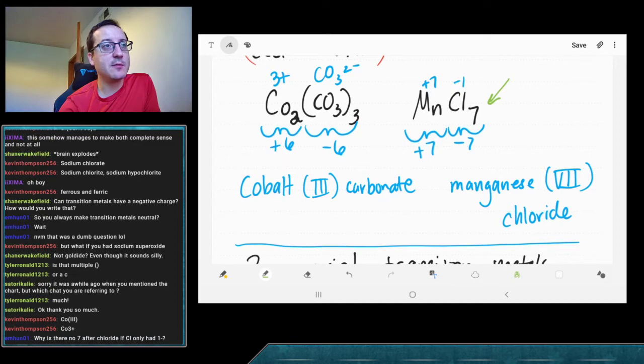Chloride is always -1, so we don't need to put a special thing for that. It's understood from this that we have manganese 7+ and we have chloride -1. That's where we're getting that. Okay, hopefully that makes sense.